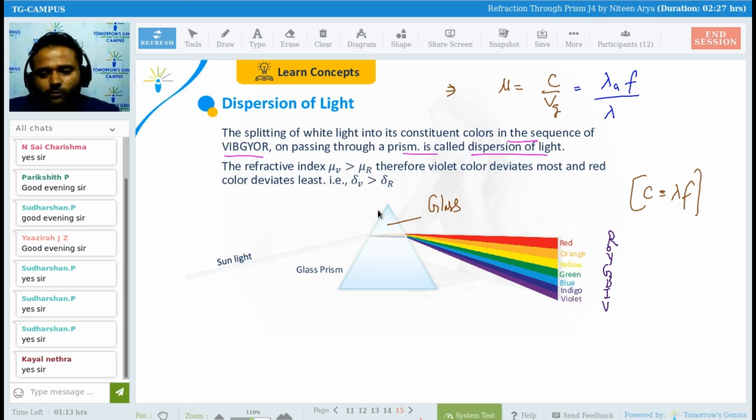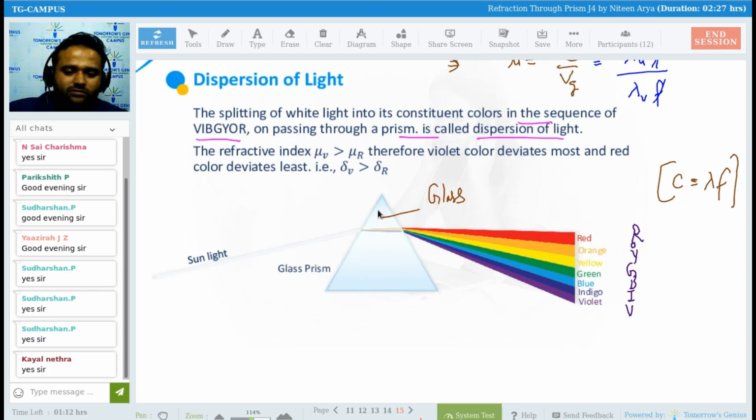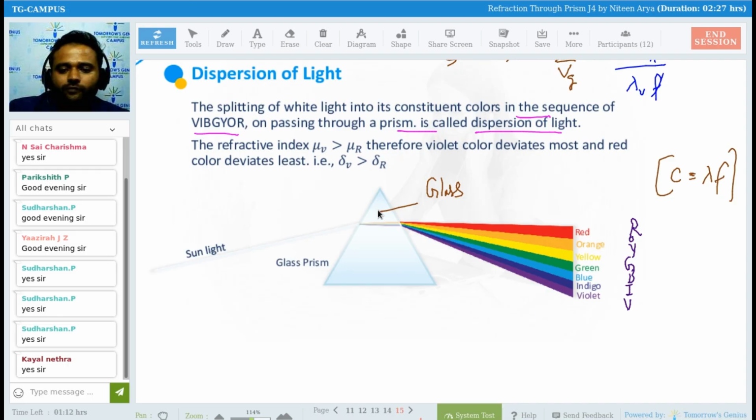For this component, violet, and frequency, we know that the wavelength of violet is the least in the visible EM wave spectrum. Is this clear?